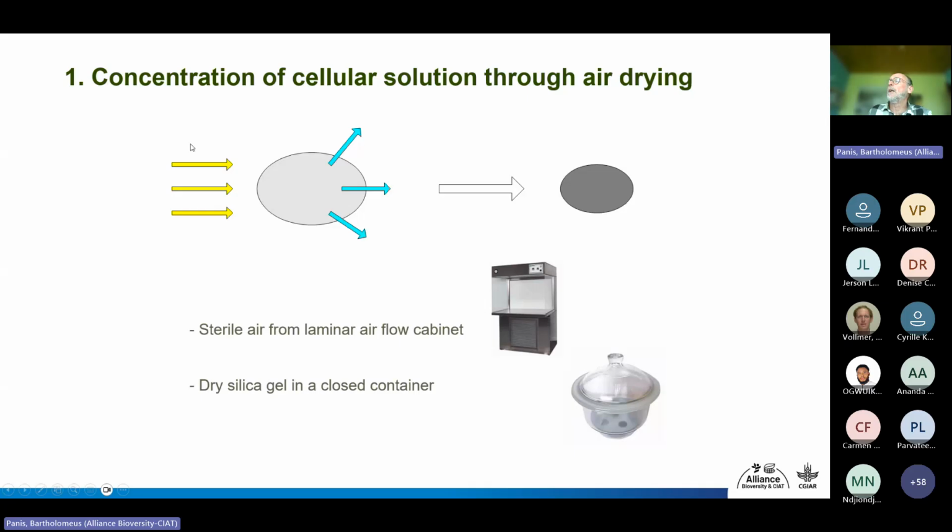How can you do this? This dehydration or this evaporation, exposing the tissues to the sterile air of a laminar airflow cabinet, or in case of seeds or embryos, often dry silica gel in a closed container is used. It's also called a desiccator.